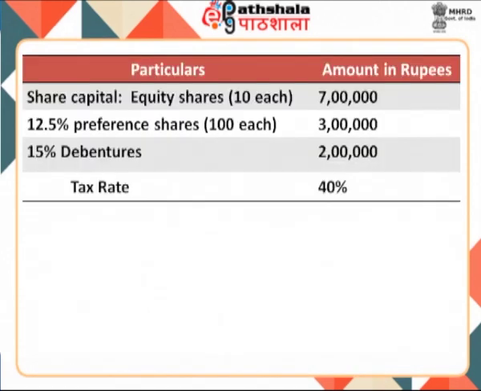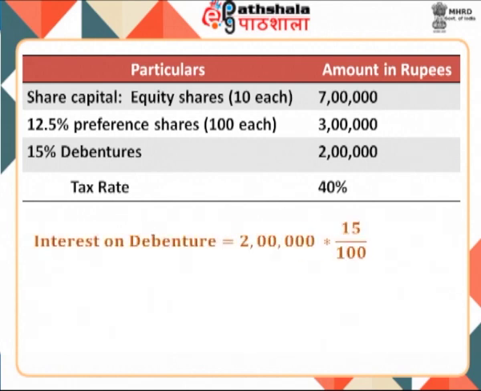Let us assume that the following information is available in respect of a firm. Share capital, equity shares of rupees 10 each, and the amount of share capital is rupees 7 lakhs. 12.5% preference shares of rupees 100 each, the amount is rupees 3 lakhs. 15% debentures, amount rupees 2 lakh. Tax rate 40%. Now, interest on debentures is equal to 2 lakh multiplied by 15 divided by 100, which is equal to 30,000.